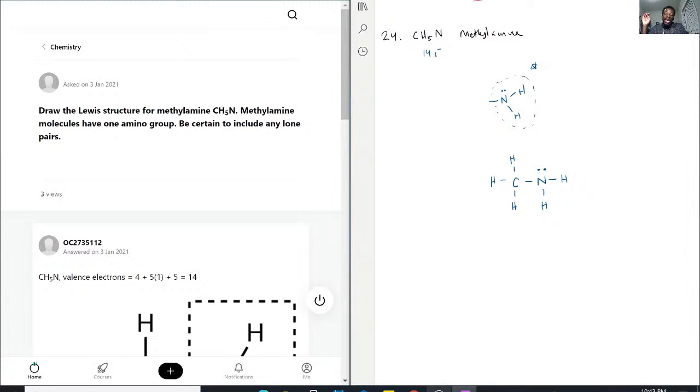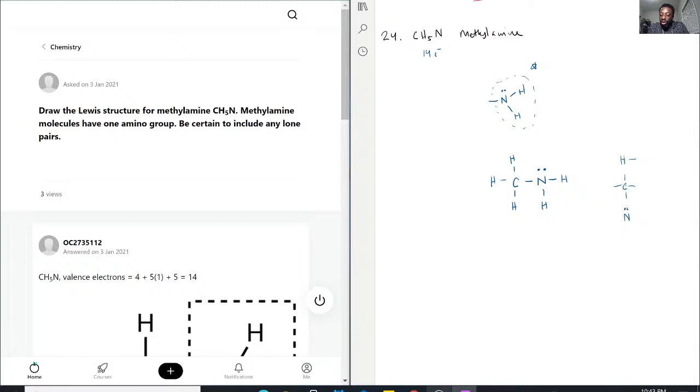Perfect. And now does this have the correct formal charges? Let's find out. Hydrogen, formal charges of 0 will just look like that, 1 bond. Carbon's formal charge of 0 is just 4 bonds.